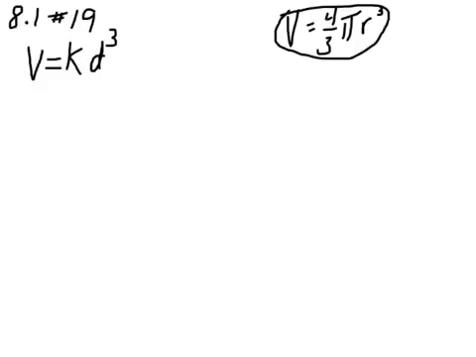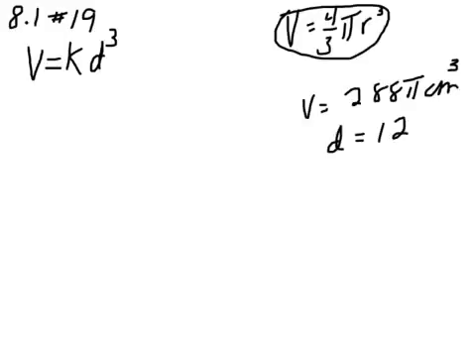We know the volume is 288 pi centimeters cubed when the diameter is 12. So we can plug that in. They told us the volume was directly proportional to the diameter cubed, so we know we've got some number out front, K. We've got to find it. And we can find it. We have enough information.